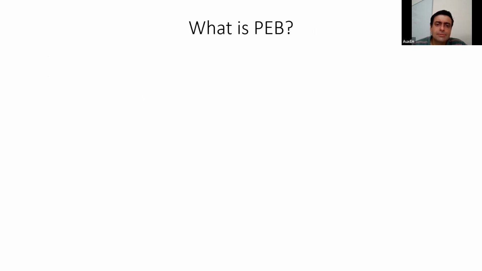So first thing, what is PEB? What do we mean by PEB? This is an acronym. So what is the full form of PEB? Yes, tell me, what is the full form of PEB? So the full form of PEB we all know is pre-engineered building. Okay, so PEB stands for pre-engineered building.